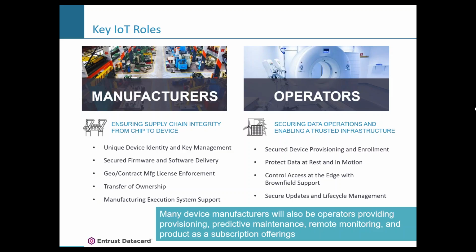For the operators, it's around securing the data operations and getting that trusted infrastructure, and that's everything from securely automating the device provisioning, all the way to updating and maintaining the life cycle of the devices. One point here is that given things like predictive maintenance and remote monitoring, the manufacturers sometimes are also the operators. Next slide.